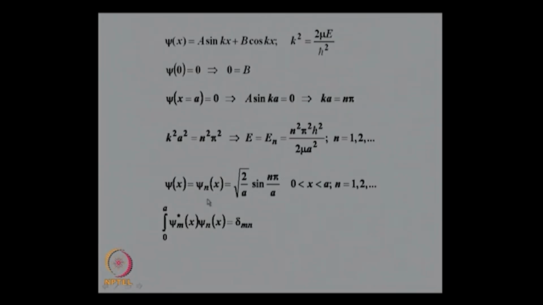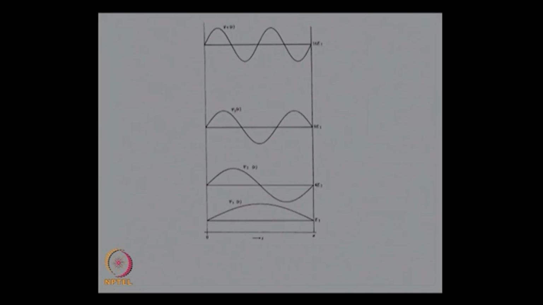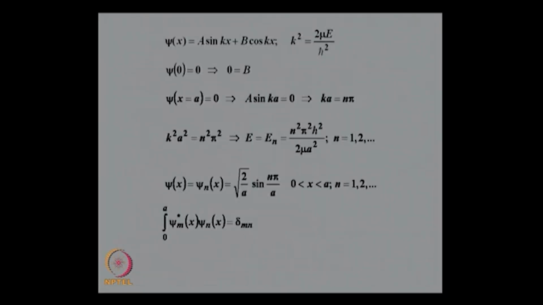These wave functions are orthogonal to each other. There should also be a dx here. So, they are normalized and orthogonal to any other function, where delta mn is the Kronecker delta function, where delta mn is 0 when m is not equal to n and is 1 when m is equal to n.